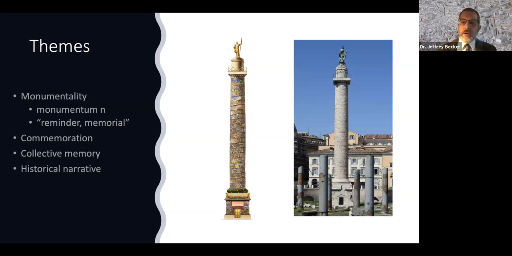We're supposed to notice it. We're supposed to notice it in such a way that it reminds us about certain individuals, certain values, and these processes of commemoration, the calling to mind, are very important in the dynamics that drive Romans in the imperial period to make and create monumental forms.